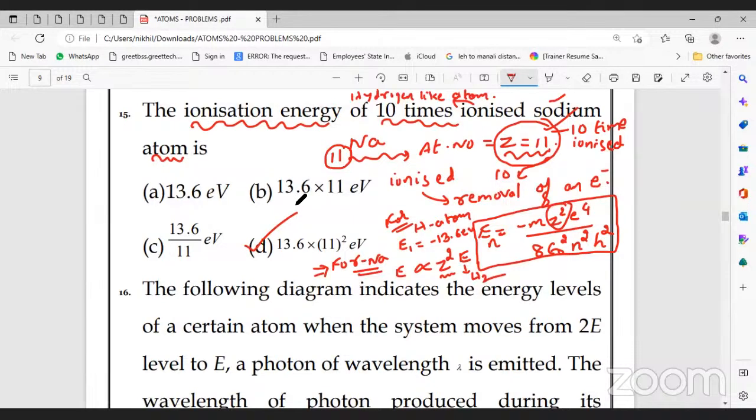For sodium, Z value is 11. Therefore, the ionization energy in the sodium atom is 13.6 into 11 squared. So which is the right option? Option D is the right answer.